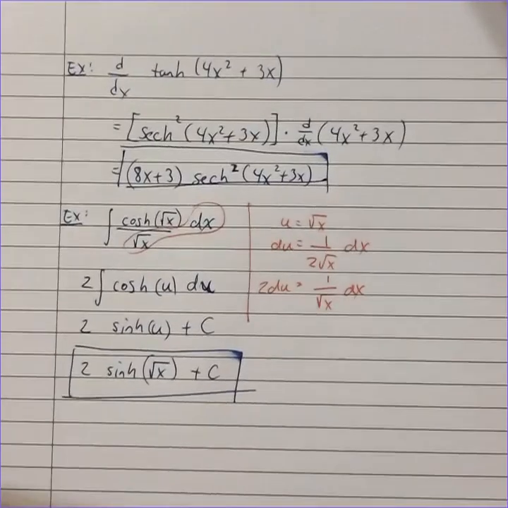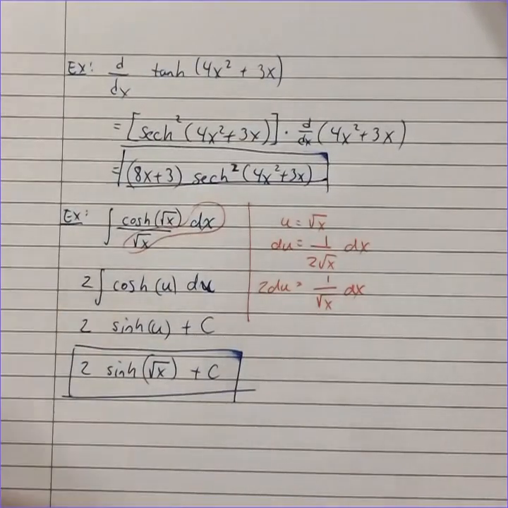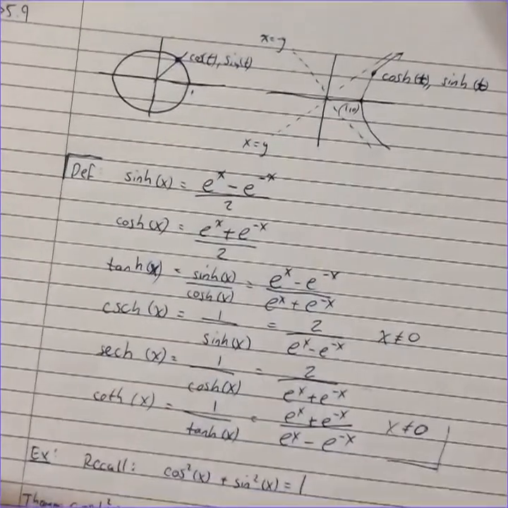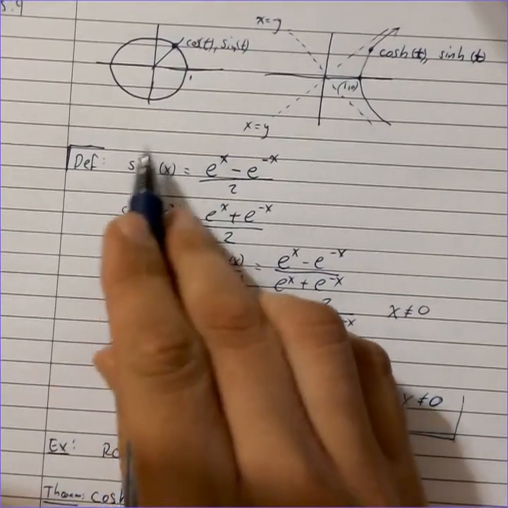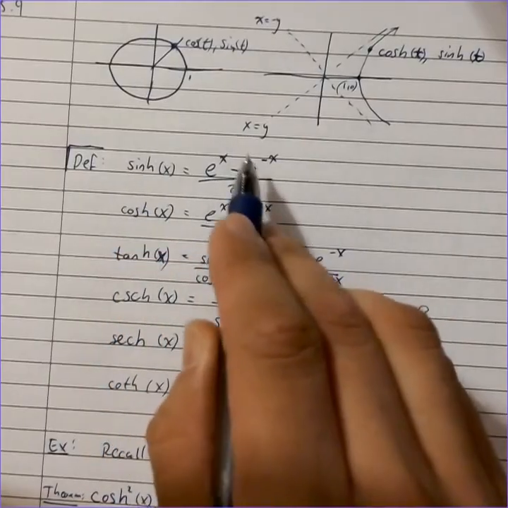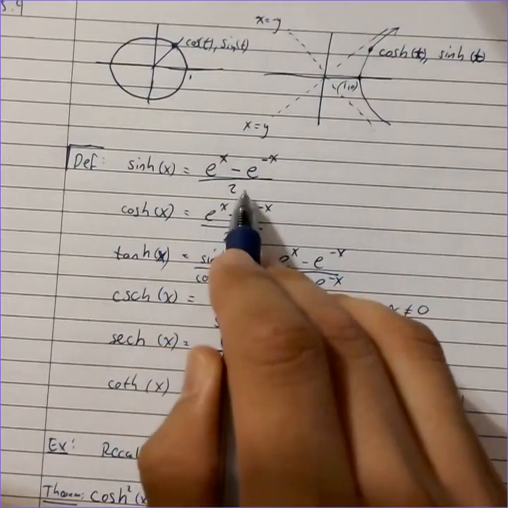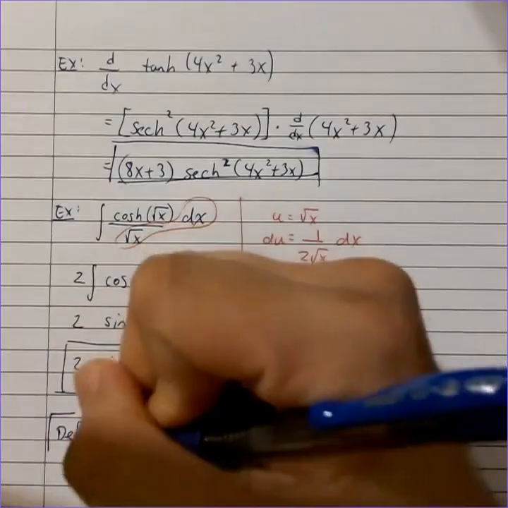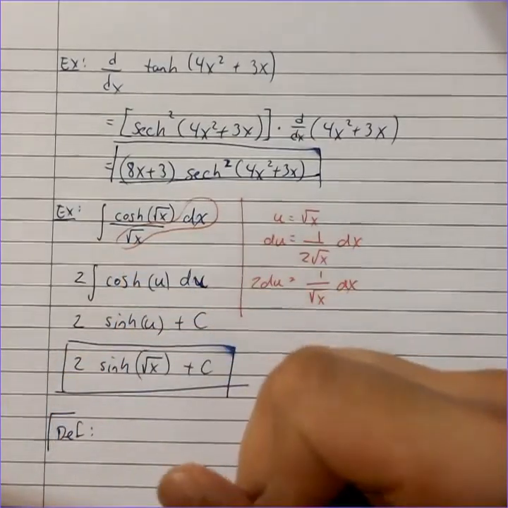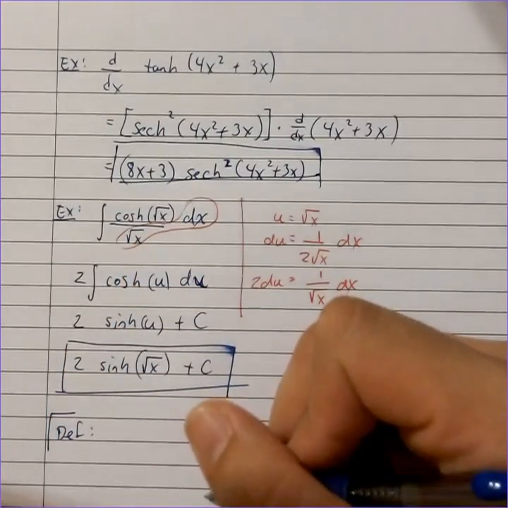Note that the hyperbolic functions are all defined in terms of an exponential. So it should come as no surprise to learn that the inverse of the hyperbolic functions will be written as the inverse of the exponentials. Or in other words, they'll be written as logarithms. So here we're going to define the inverse hyperbolic functions, and they're all going to be logarithms.